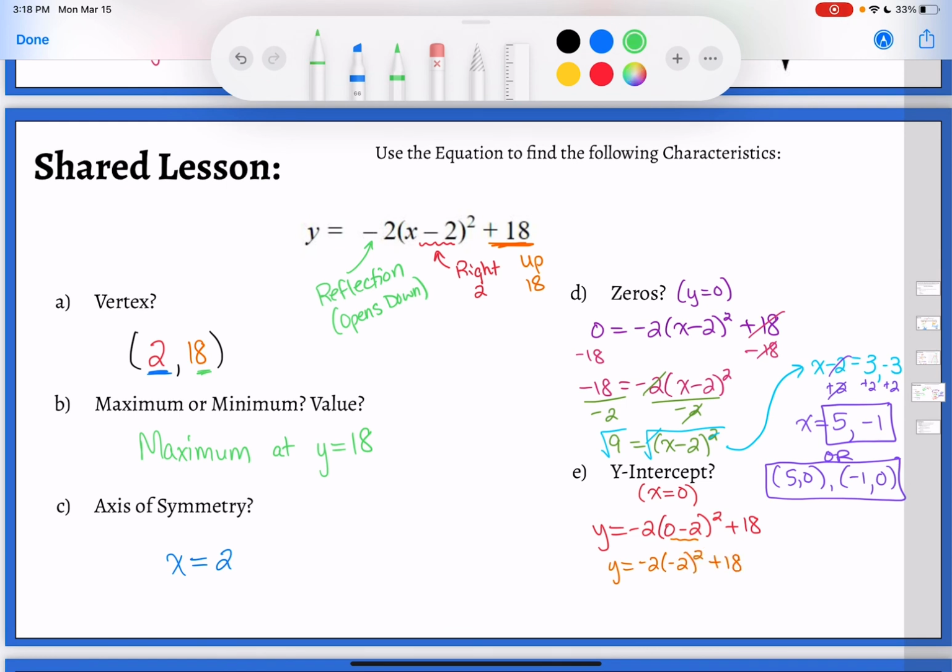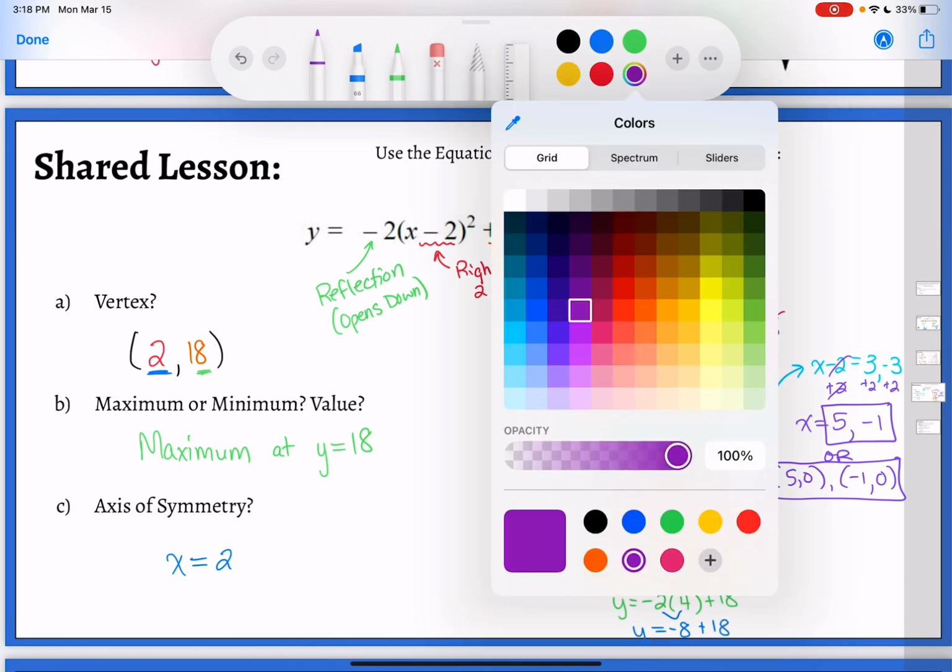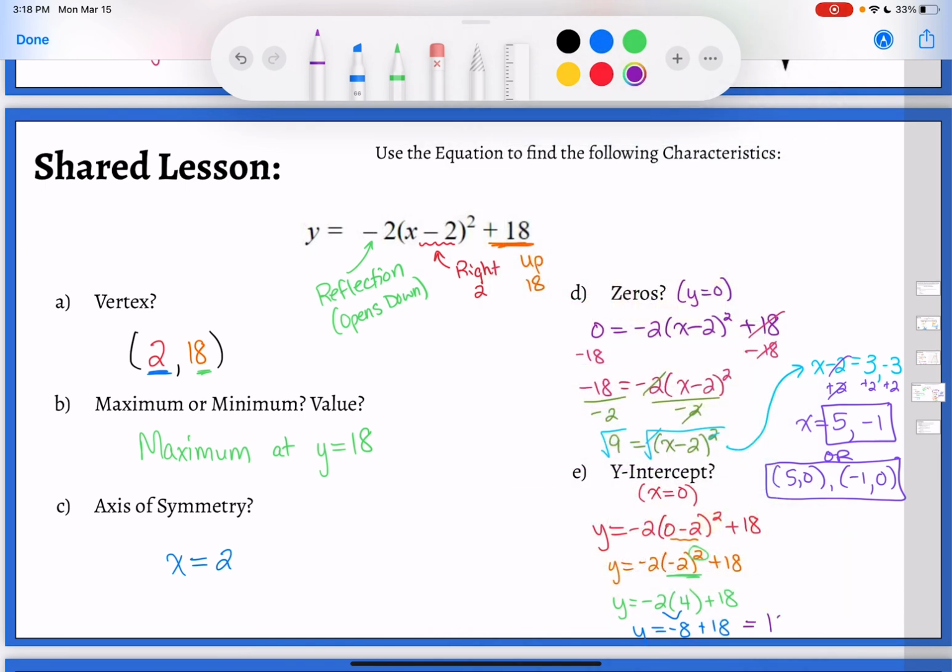Watch those parentheses. Exponents next, so I have y equals -2 times positive 4, right? -2 squared is positive 4. Now I'm going to multiply. y equals -8 plus 18. -8 plus 18 equals 10. So my y-intercept is at 10, or I could write it as the point (0, 10) if I want to.